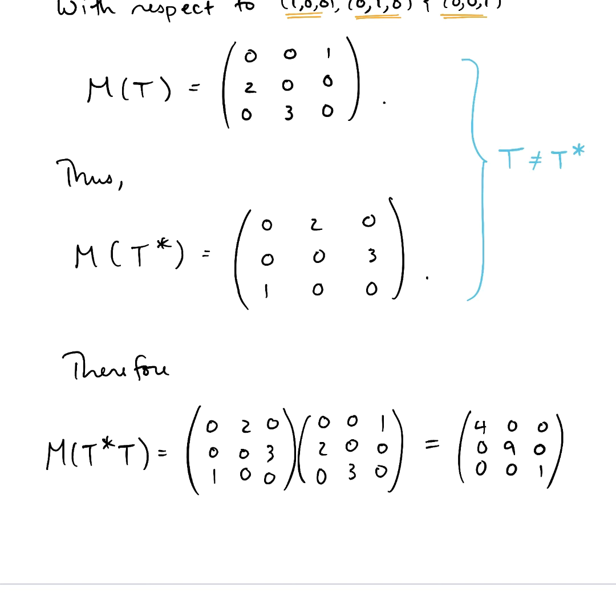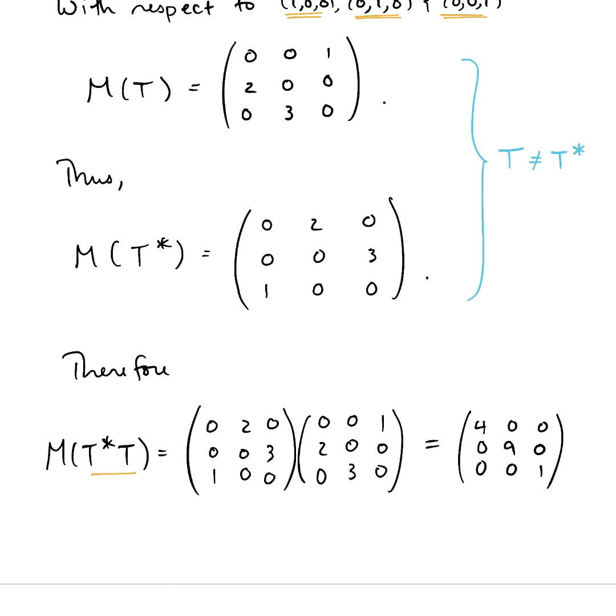Okay, now let's pause for a second and get our bearings. First of all, we are not at all surprised that T star T ended up looking like that. We were expecting T star T to look like that all along.